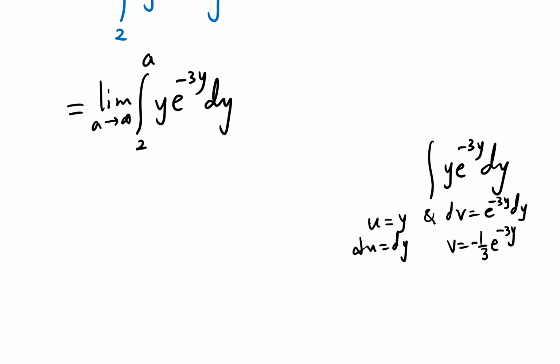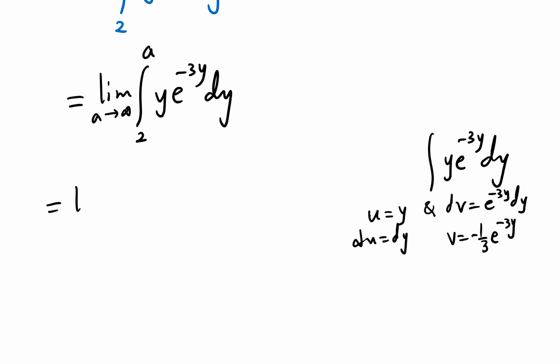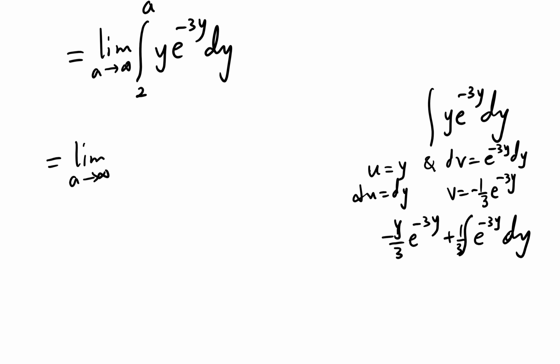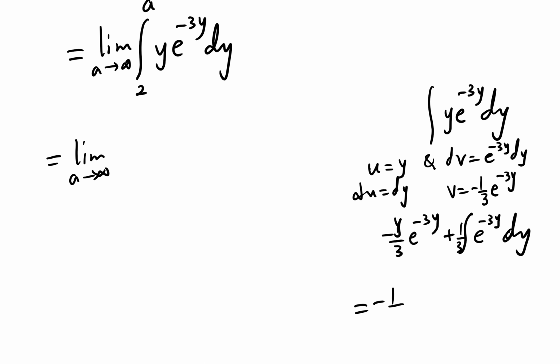Now we write this integration by parts on the side, uv minus the integral of v du dy. So that gives us negative 1/3 y e to the negative 3y minus 1/9 e to the negative 3y.